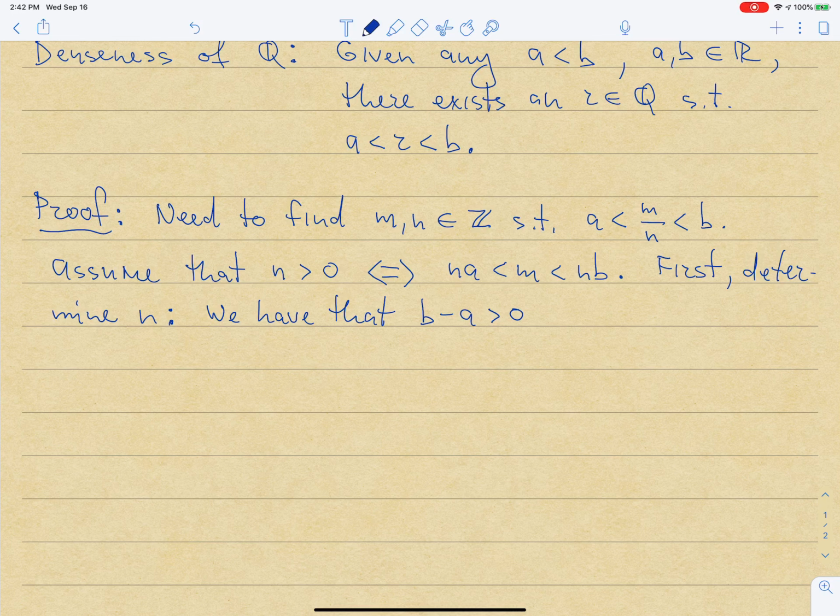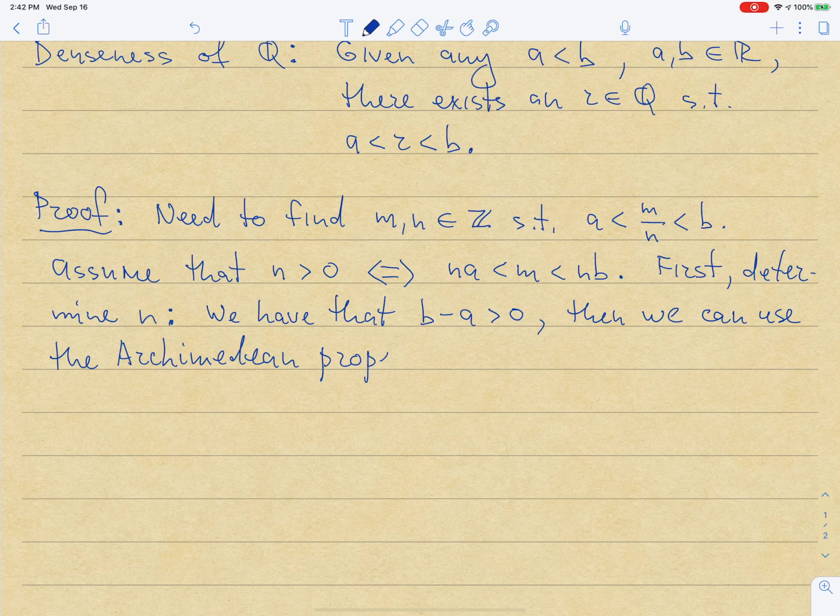And because b minus a is positive, then I can use the Archimedean property that we established last time. So I can use the Archimedean property for two numbers.